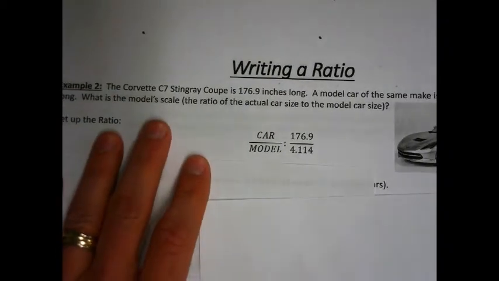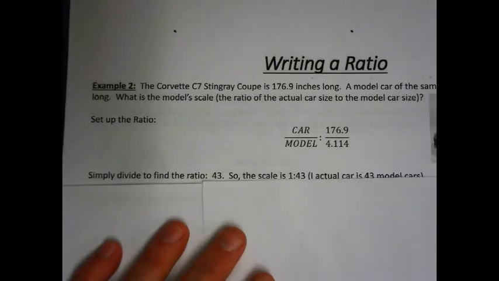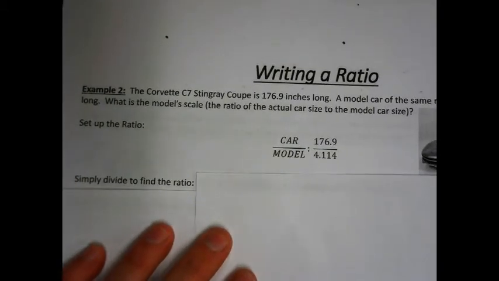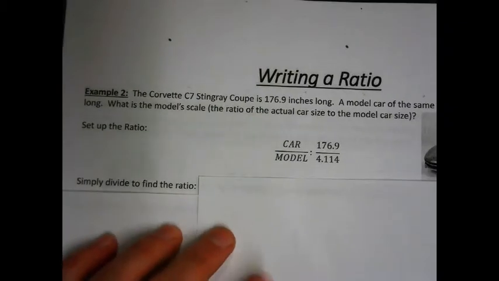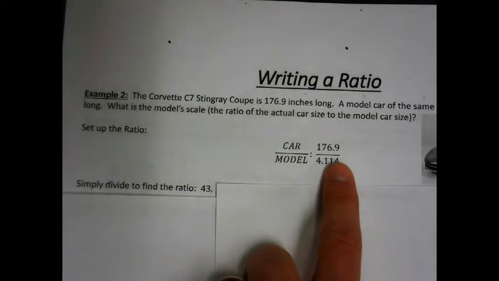Well, remember how the scale works. One car is how many models? We're simply going to divide to find the ratio. When we divide these two numbers, we get close to 43. So what does that mean?